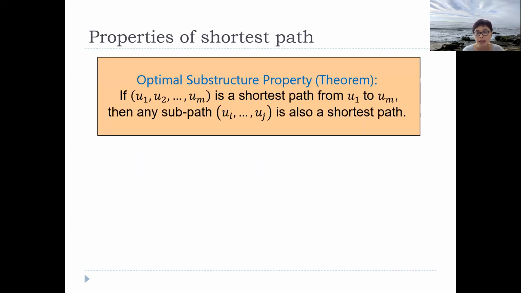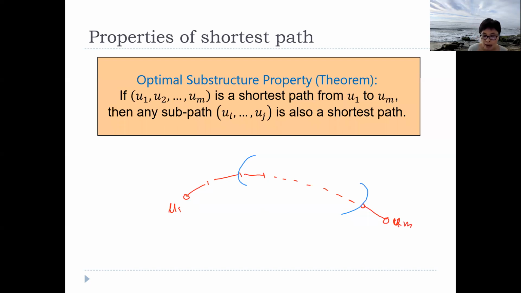All right, the second one, we also have seen this before when we talked about BFS, which is the optimal substructure property. If I have a shortest path going from U1 to UM, then any subpath, any subportion of the path, has to be shortest as well.